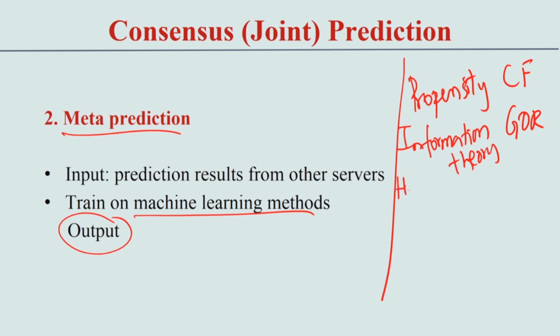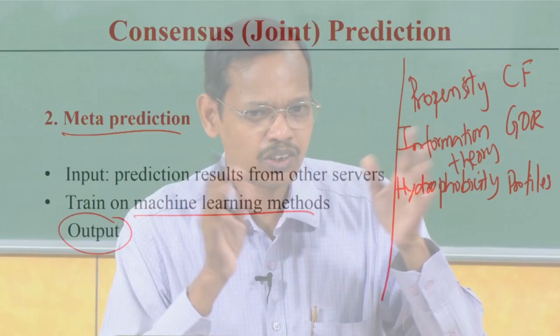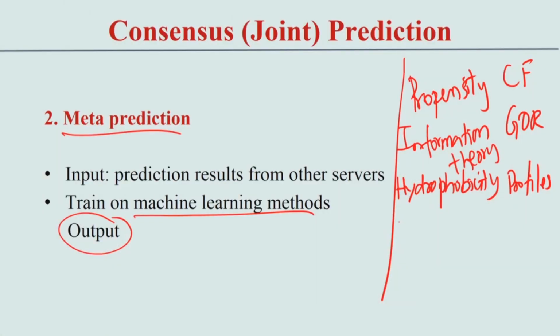Then we discussed the hydrophobicity profiles, where we can predict with the single values as well as with the average windows, and then we discussed the multiple sequence alignment, MSA.